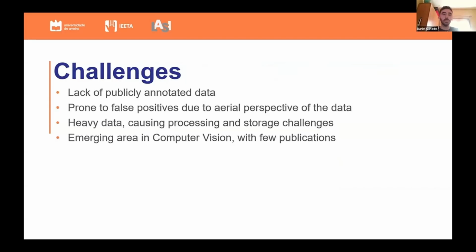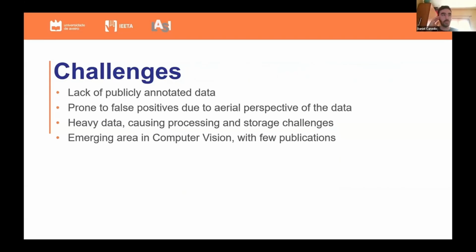Some of the challenges that we faced: lack of publicly annotated data. We had a lot of data, but they were not annotated, so we had to rely on the Atlas of Hillforts in the UK, and we also had to rely on the knowledge of our archaeology team. This problem is prone to false positives due to the aerial perspective of the data.